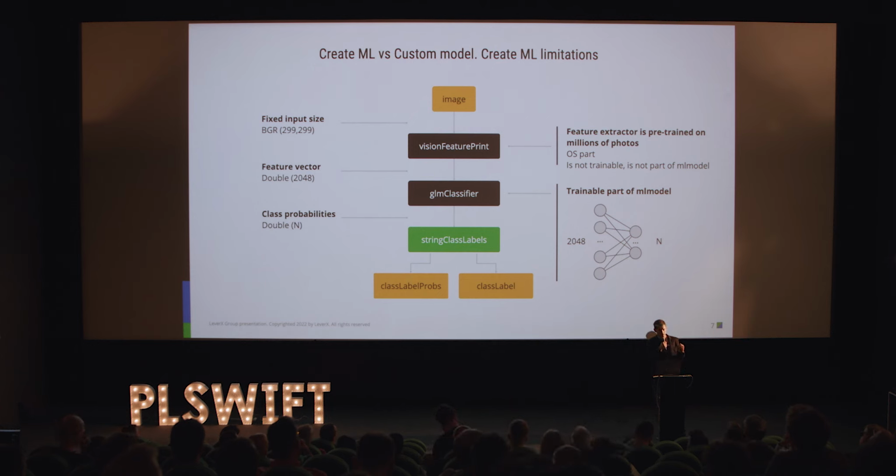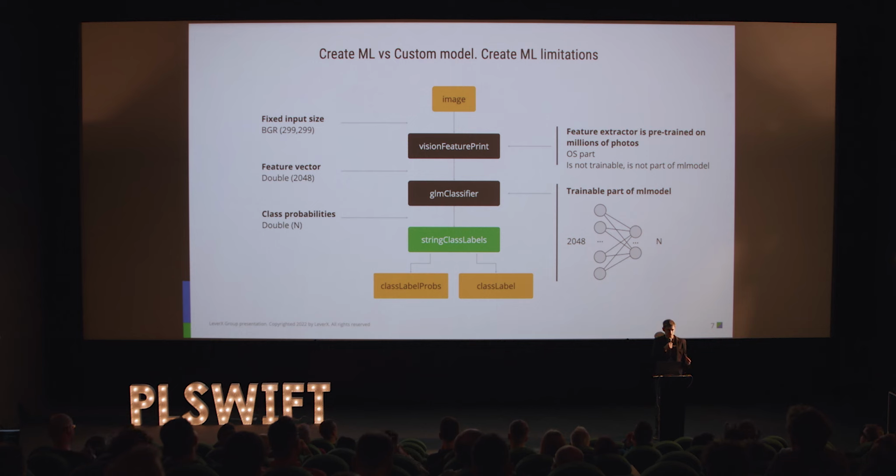You can always consider neural networks as a black box, where in our case the input is an image 299 by 299, and the output is a vector of double values with 2048 values. This vector contains all the meaning of the image, but it wasn't trained by us. It's trained by Apple.